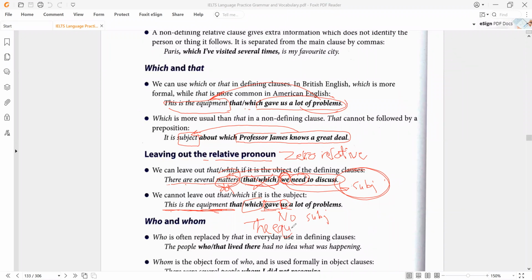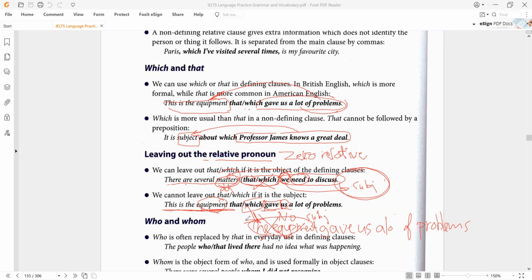The equipment gave us a lot of problems. فشنو عندي المكررة هنا؟ equipment فلازم نحذف واحدة ونحط في محلها which.